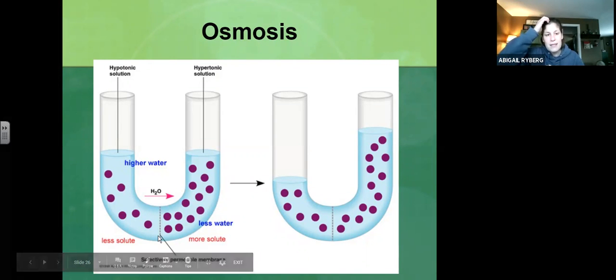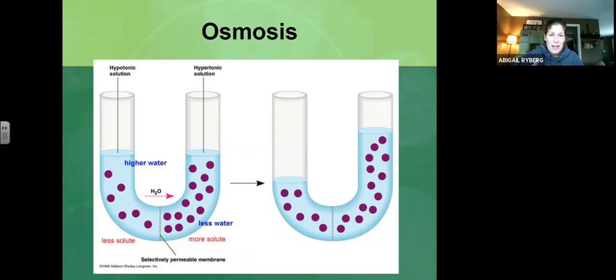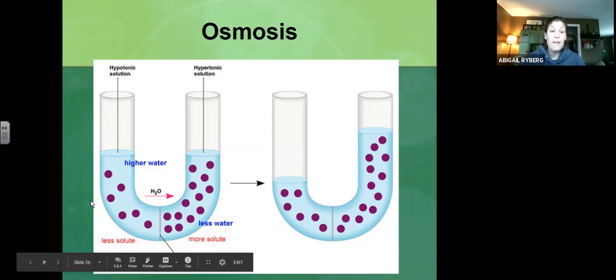And in this instance, it's a semi or selectively permeable membrane that only allows water through. And the scientists know this. So when they're setting up this experiment, they know the type of membrane they've plopped there is only going to allow water. So what they've done, you guys, they've started this experiment on the left side.